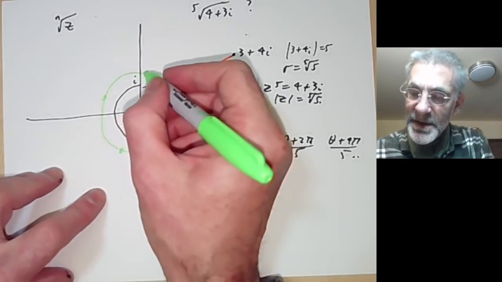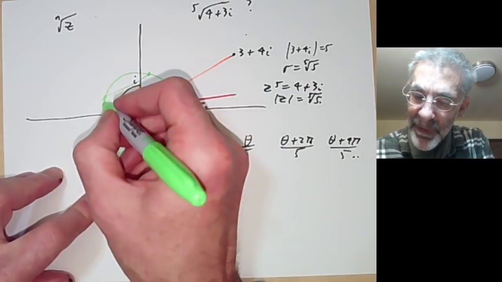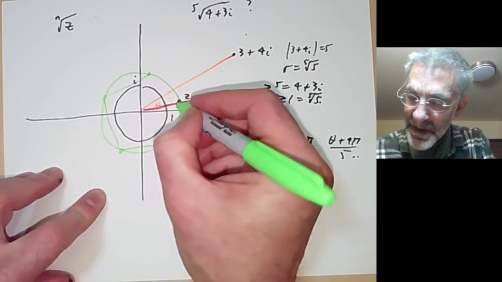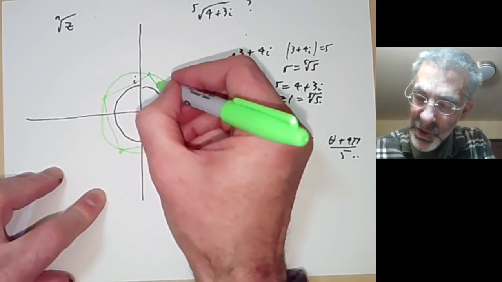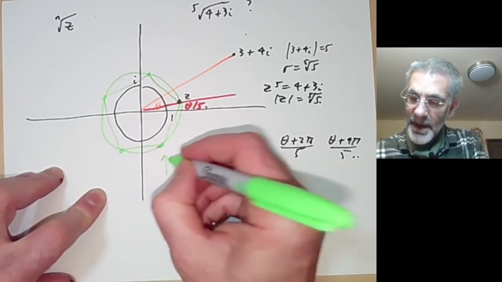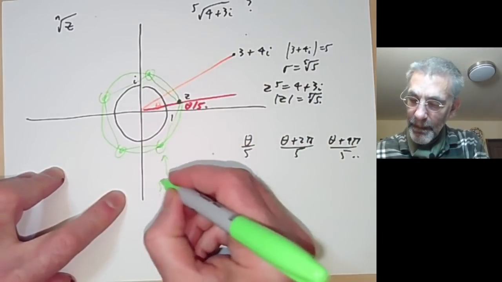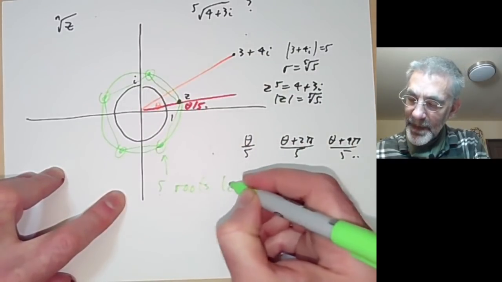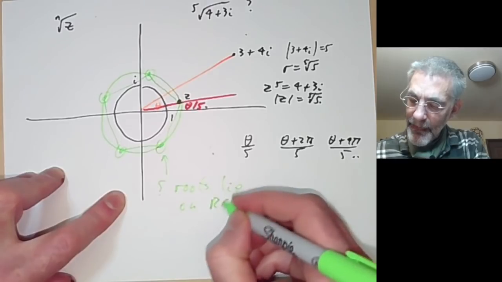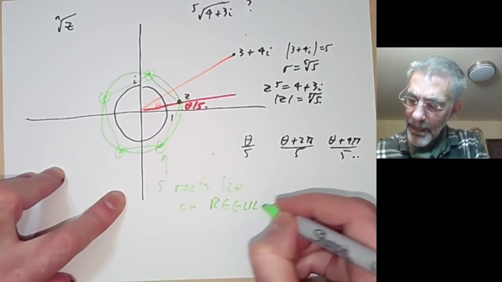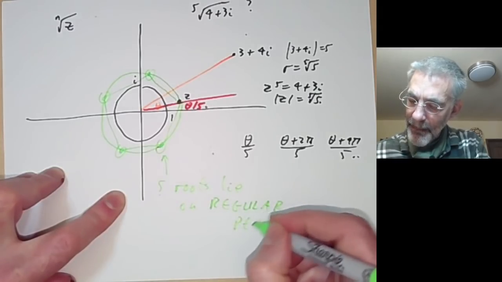And what we get is a nice regular pentagon, except this isn't a nice regular pentagon because I'm not very good at drawing. But here are the 5 roots. They lie on a regular pentagon.